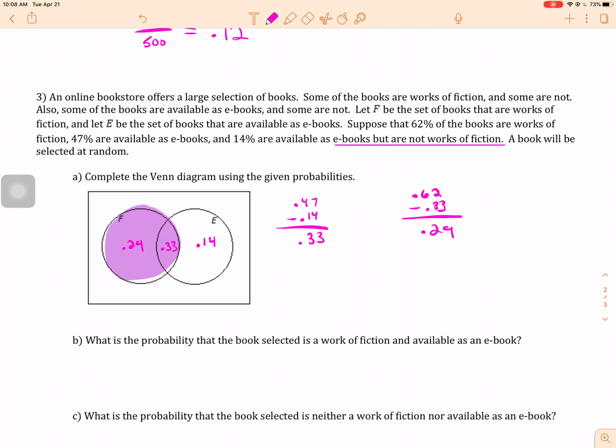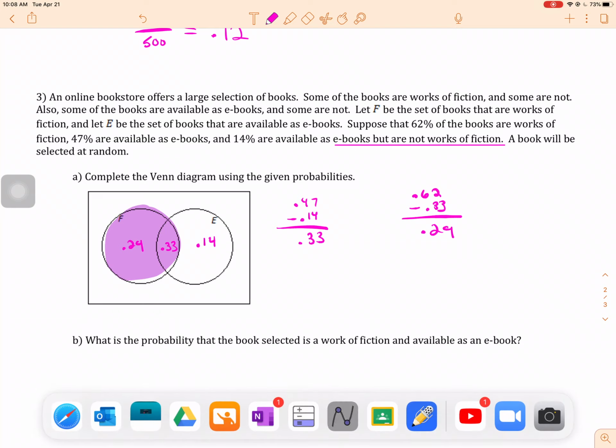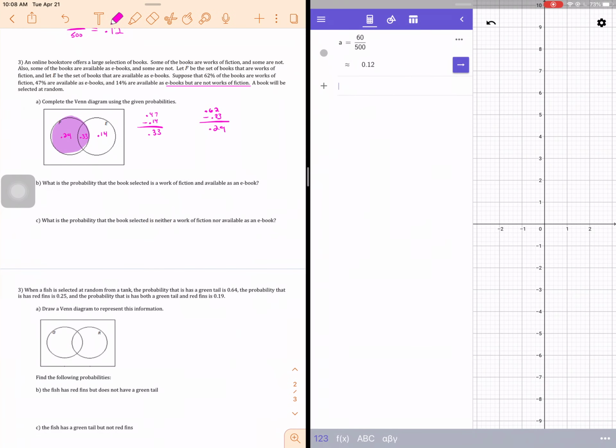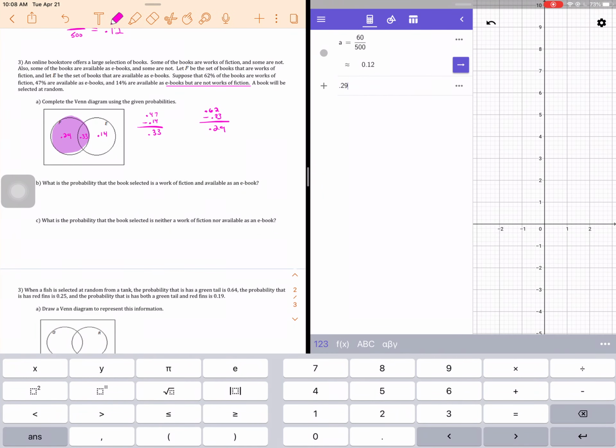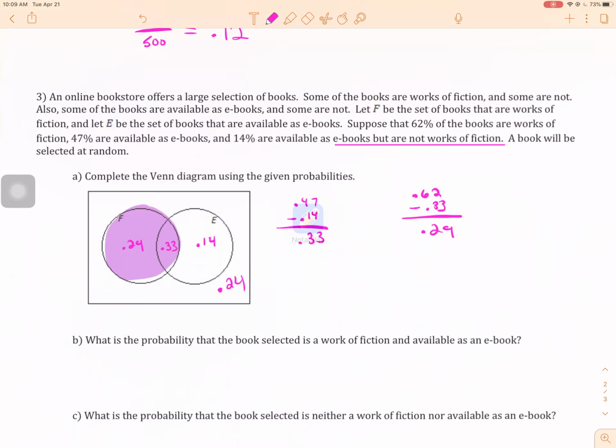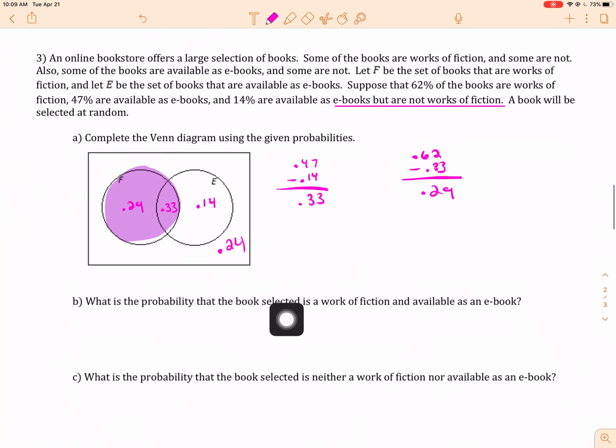Now, some books are not fiction and are not e-books. Let's see what that is. 0.29 plus 0.33 plus 0.14 is 0.76, and 1 minus 0.76 is 0.24. So what percentage of books are non-fiction and not e-books? 24%, 0.24.